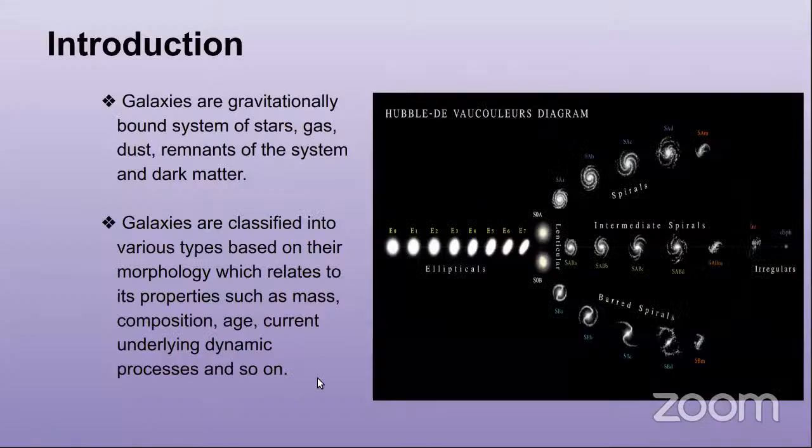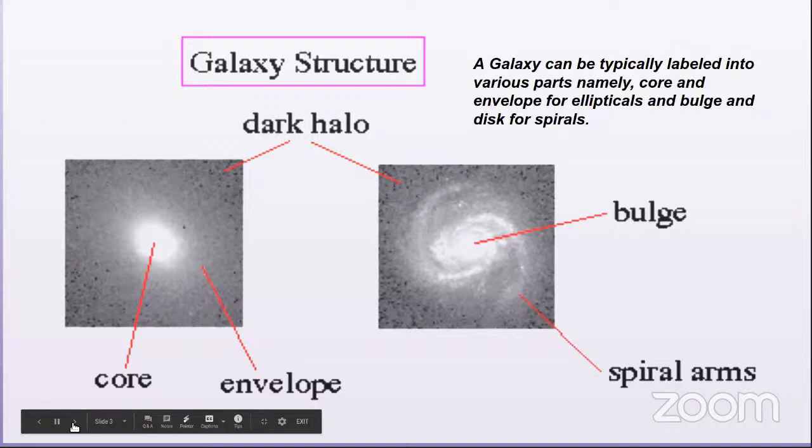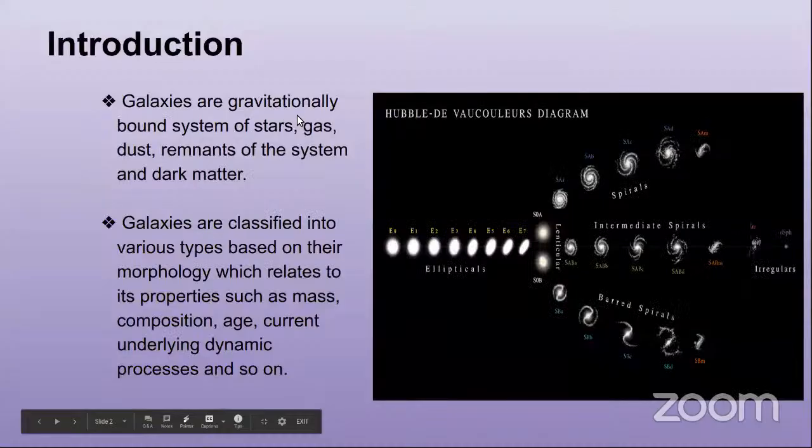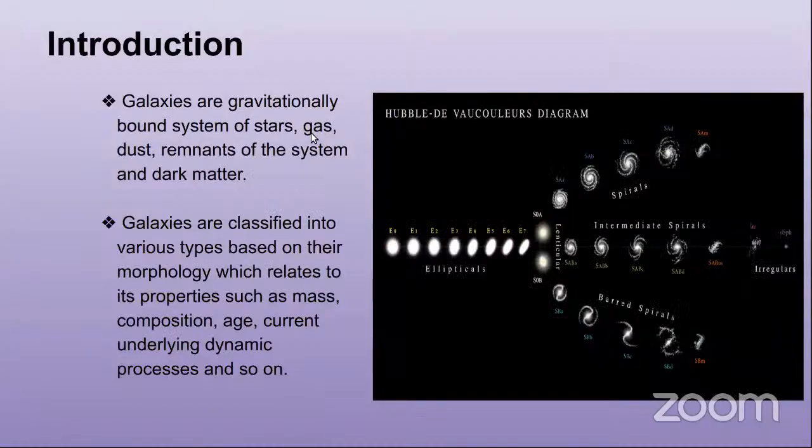Okay. So we are going to have a look at galaxy morphologies. Galaxies are gravitationally bound systems of stars, gas, a lot of dark matter, and the remnants of whatever has been there in the galaxies.